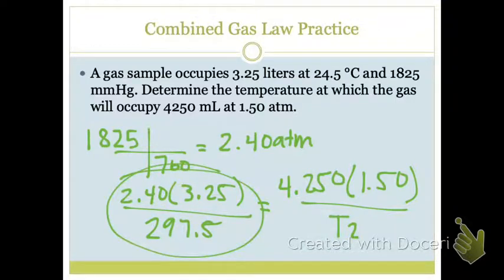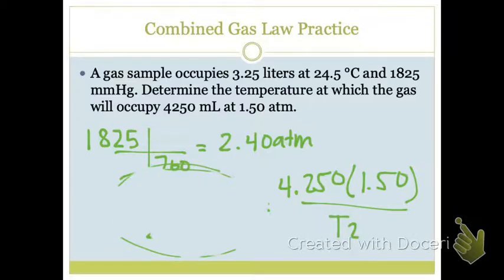So 2.40 times 3.25 divided by 297.5. On the left side of the equation, I think it comes out to be 0.0262. And then I switched these two places, the top two. Oh, you just do that? Yeah. It's 243.3 Kelvin.